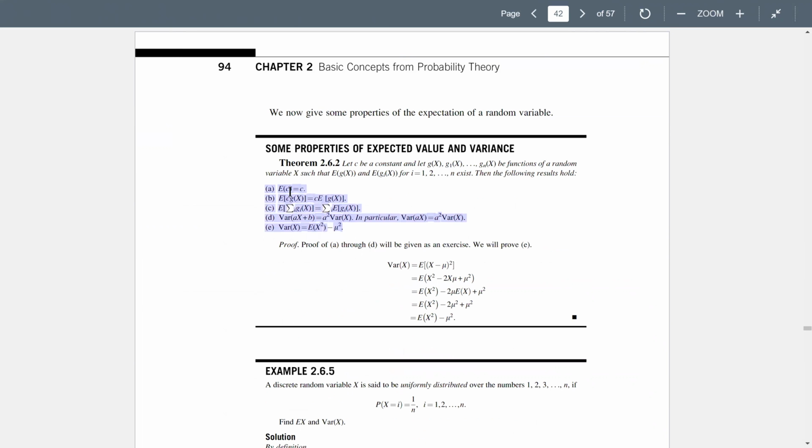The expected value of a constant c is just itself, because there's no random variable involved. And if you multiply by a c, then every expected value will be multiplied by that c. So you just pull that out of the expected value, and so on and so forth. But when you come to the variance of ax plus b, you have to be a little bit careful.